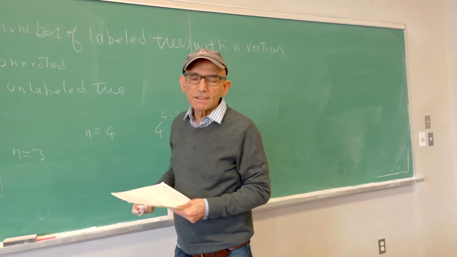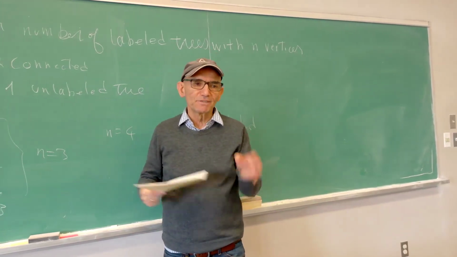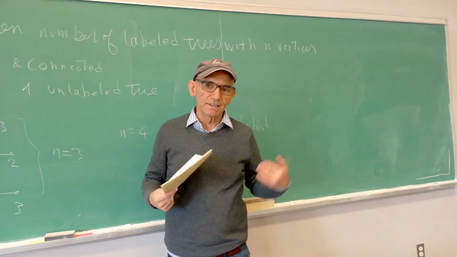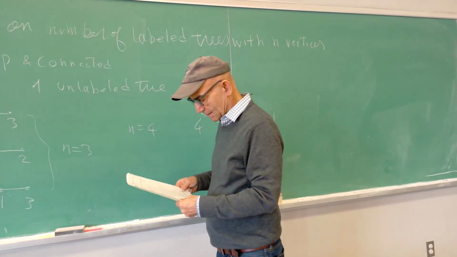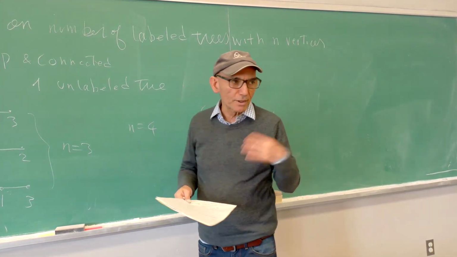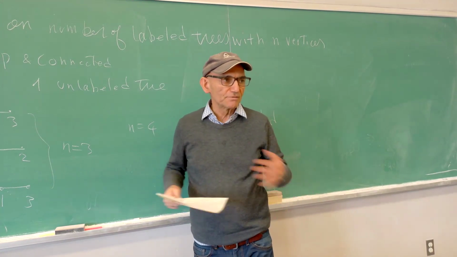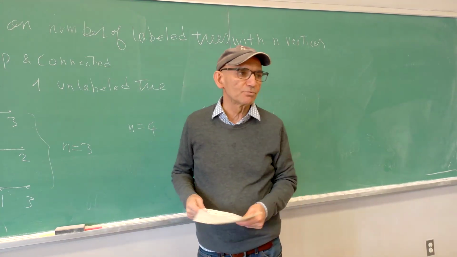I actually didn't count the number of unlabeled trees with 4 vertices, but it's much less than 16. So the theorem is that there are n to the power n minus 2 labeled trees with n vertices. That's what we want to prove.